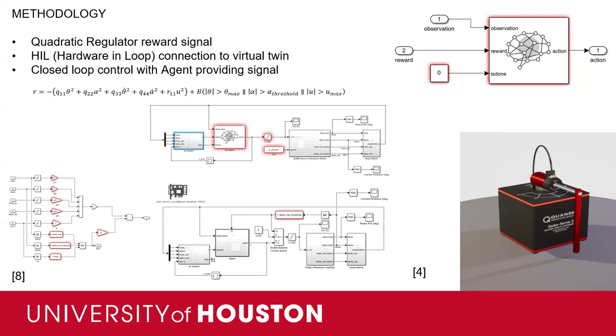Something else is that we also have a penalty built into this. There is some undesirable behavior that you don't want out of this system. You may not want the servo to drop the inverted pendulum. You may not want motor voltage to over voltage, or you might not want saturation.